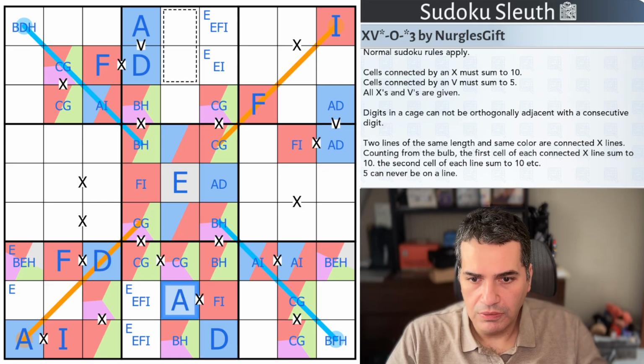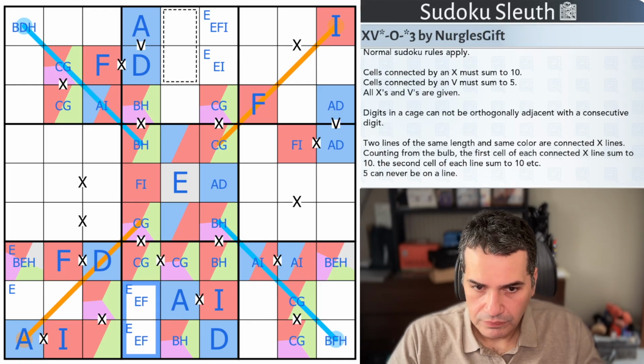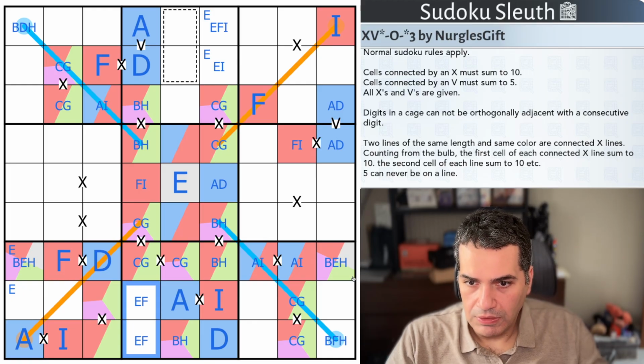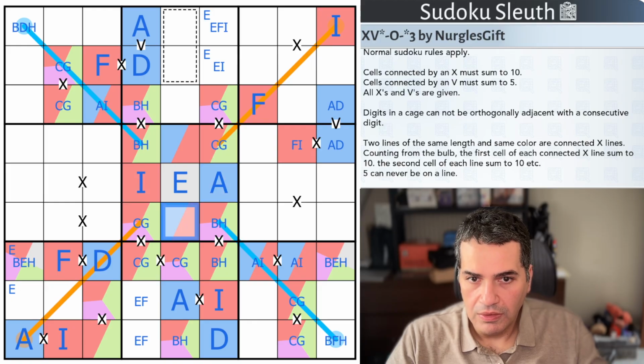Therefore, this is D, A, I, not I. EF, which tells me this is I, this is A, this is D and F in some order. I haven't figured out which order it is yet.